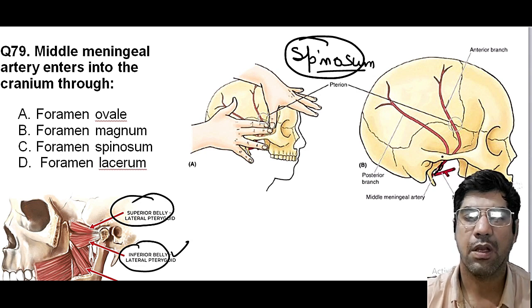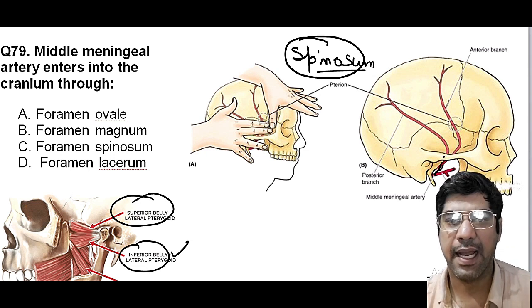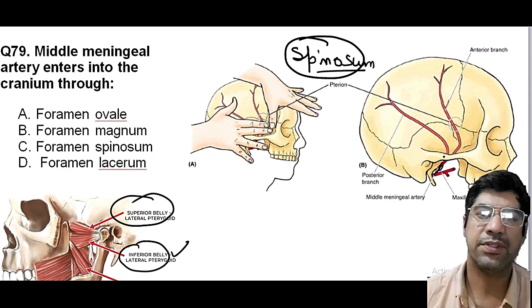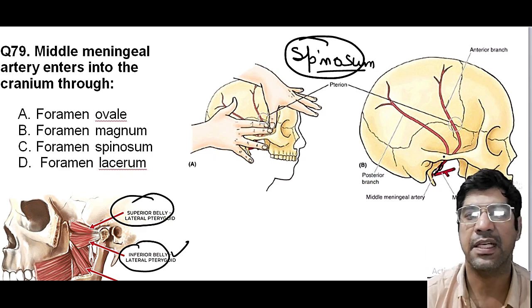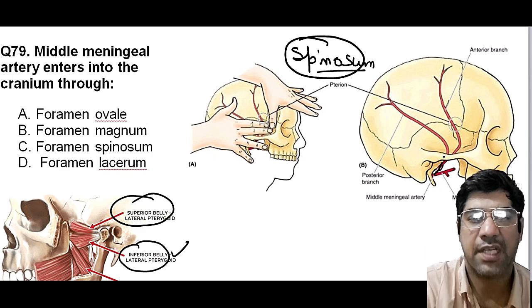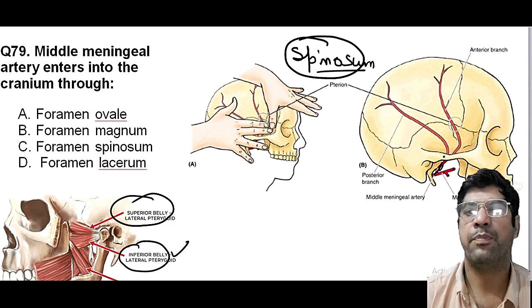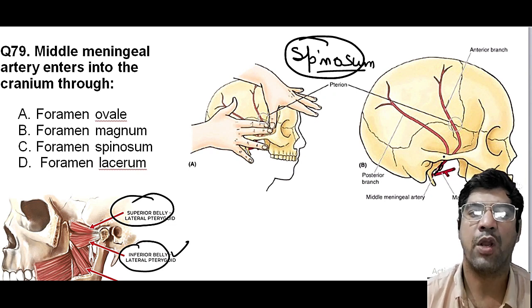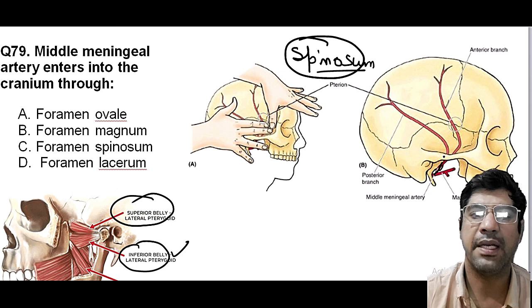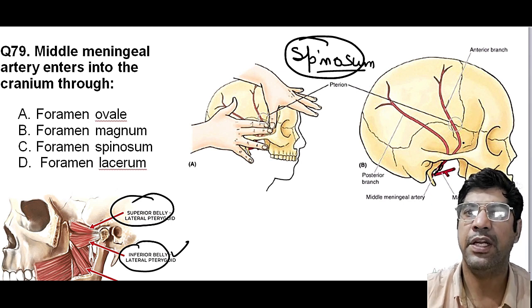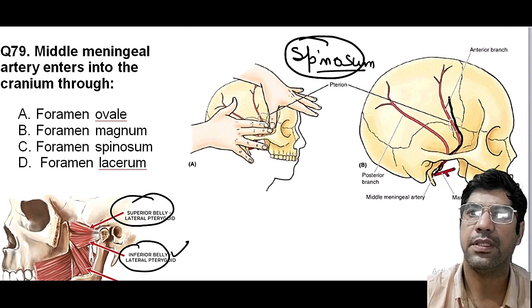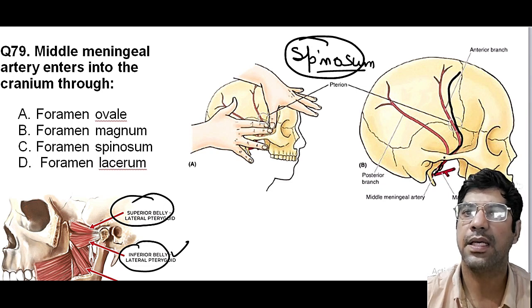Once it enters, the artery goes on an adventure within the castle walls, that is your skull. There are other small roads nearby, but the artery stays a bit closer to the outer wall, and it divides into two separate branches, the anterior branch and the posterior branch.